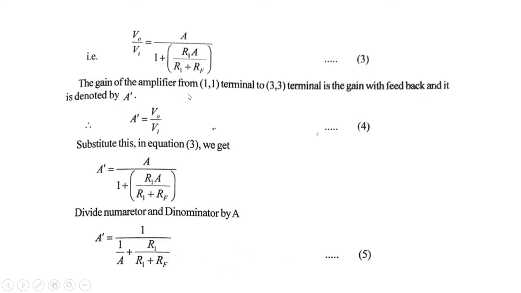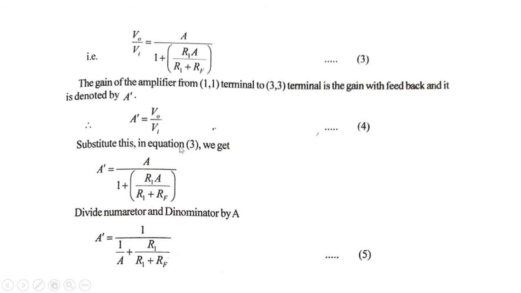The gain of the operational amplifier from 1 terminal to 3 terminal is the gain with feedback and it is denoted by A dash. Therefore, A dash equal to V0 upon Vi.